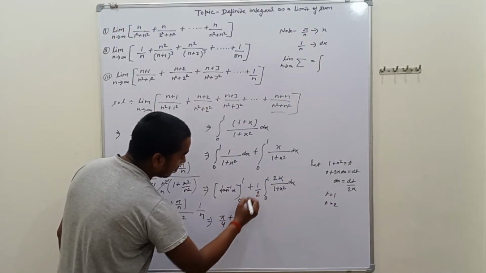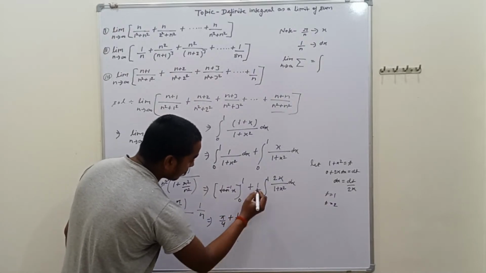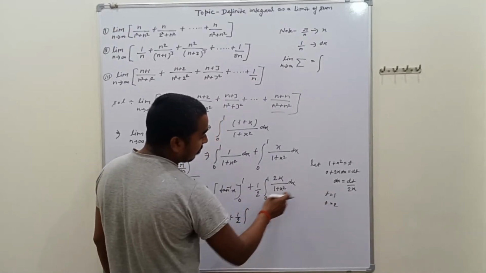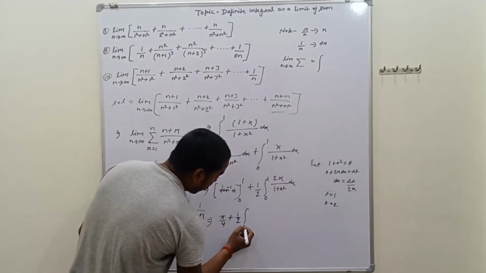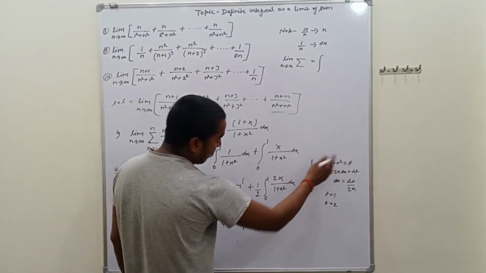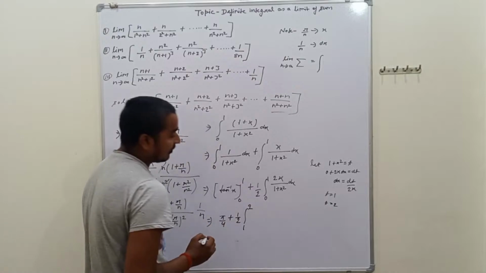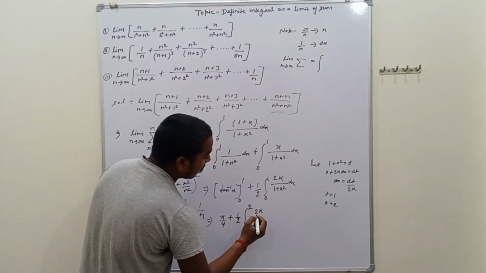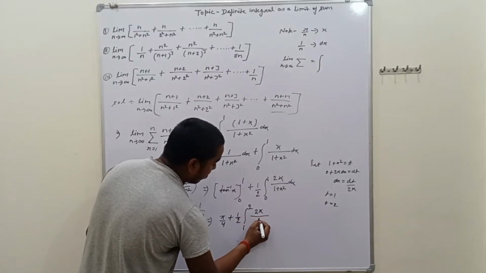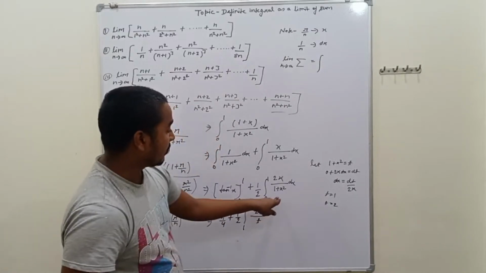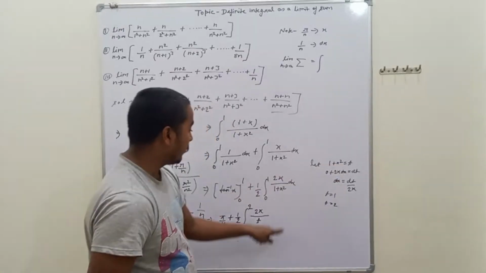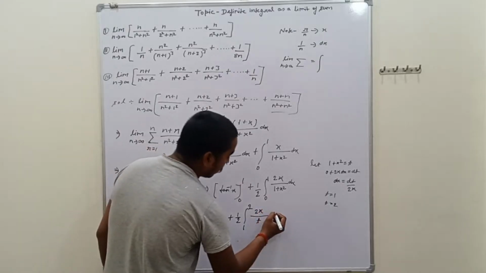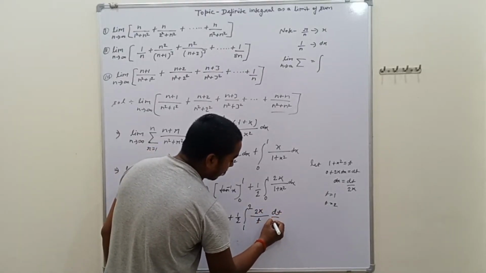plus 1 by 2, and the limit is changed: when putting x is equal to 0, it is 1, and when putting x is equal to 1, the limit is 2. From here, 2x upon t. We put 1 plus x square is equal to t, and put the value of dx, that is dx is equal to dt upon 2x.